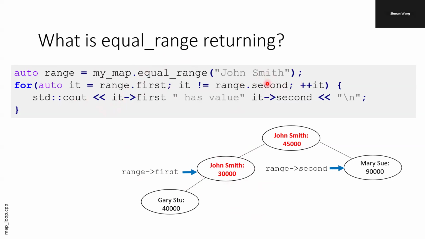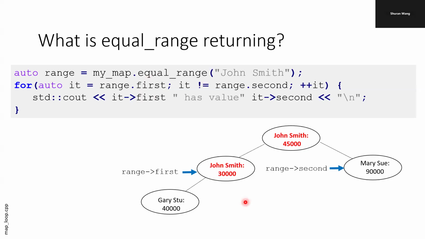Range.second is one past the last John Smith. So the for loop will go from the first John Smith to one before the second. And that's the two John Smiths. Is this clear?